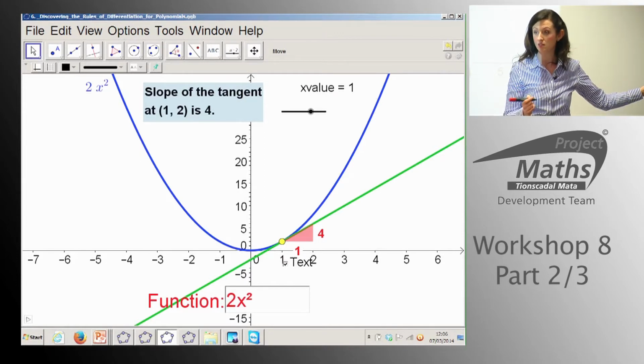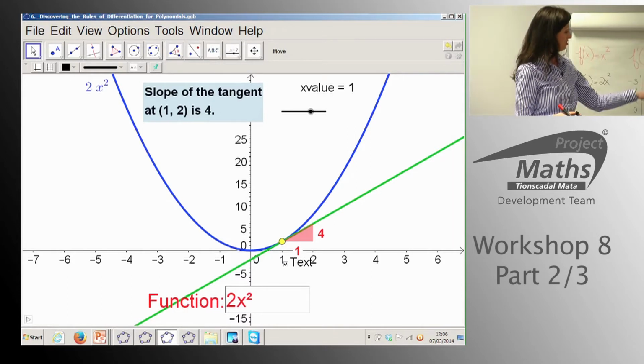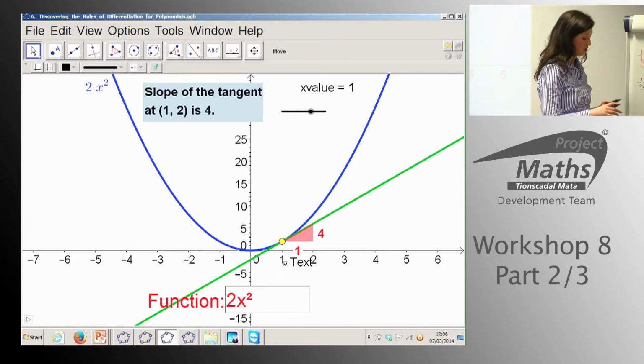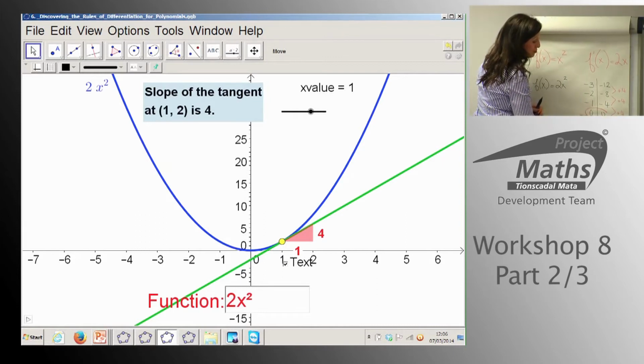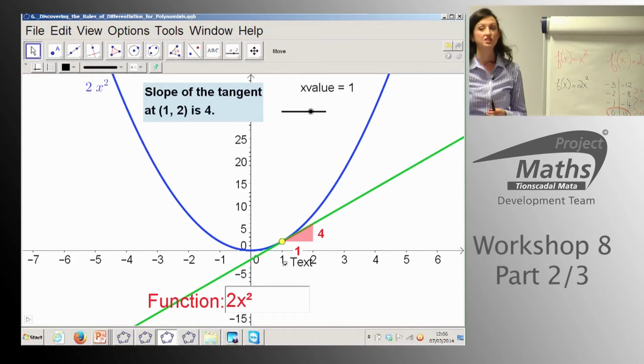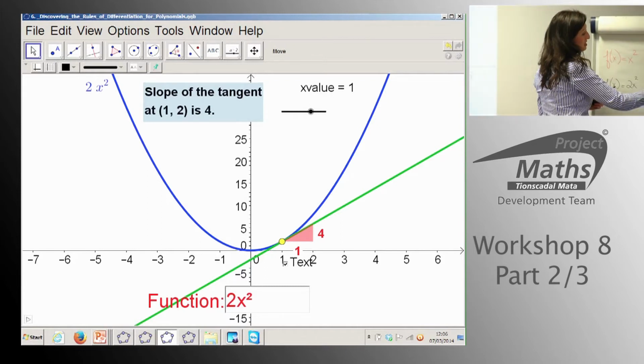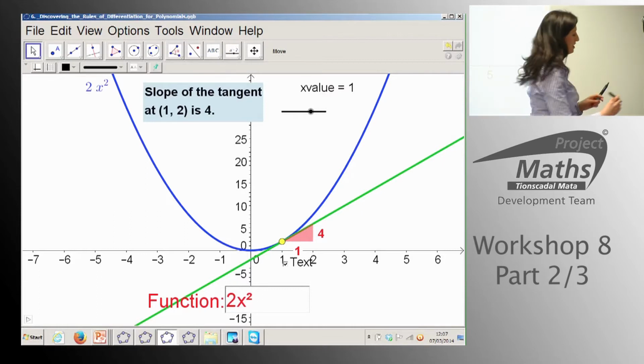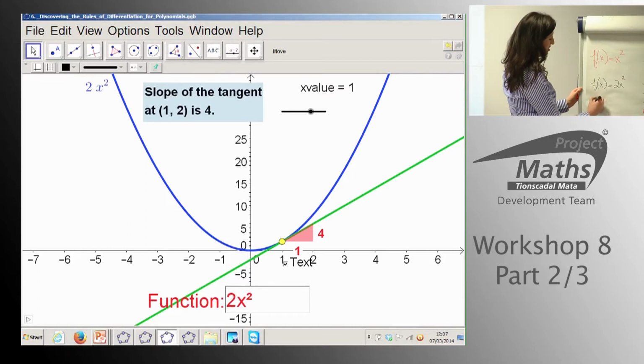So what is it? Linear, perfect. And what is my rate of change? +4. Okay, so my slope is 4, and I'm going through the point 0, 0. So what is the name of this slope function going to be? 4x, perfect. So my slope function here, f dash of x, will be 4x.